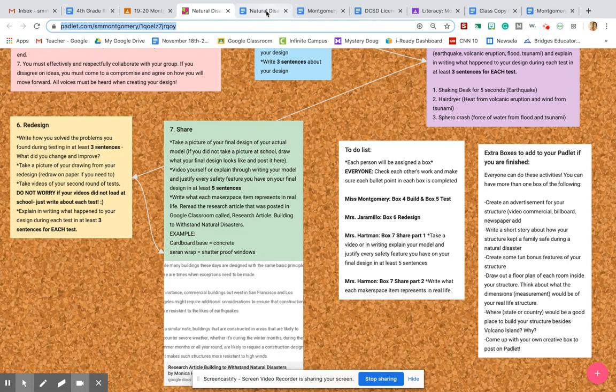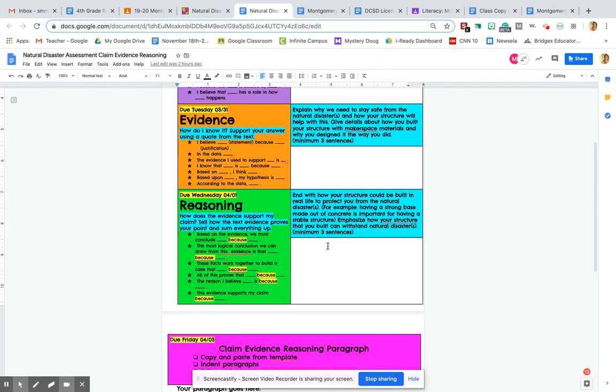You don't have to explain every single material that you used, but I would definitely pick out maybe 2 or 3 really important features of your structure and talk about how they will keep people safe from those natural disasters. Actually, I would recommend not listing every material. Just make sure you pick out the most important safety features of your structure. Okay, so hopefully that answers that question.